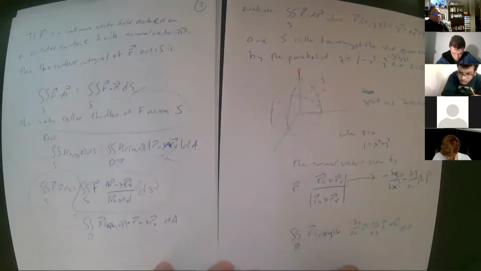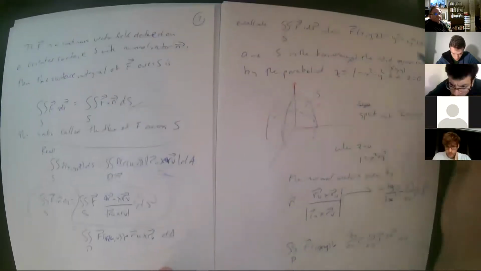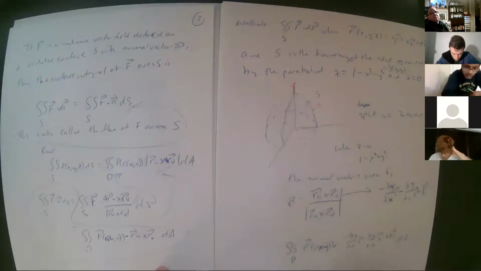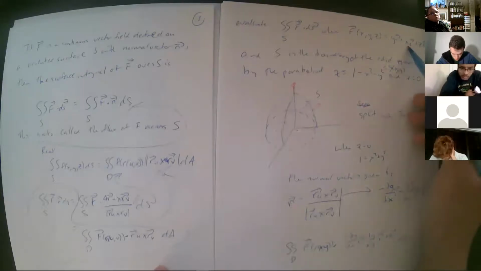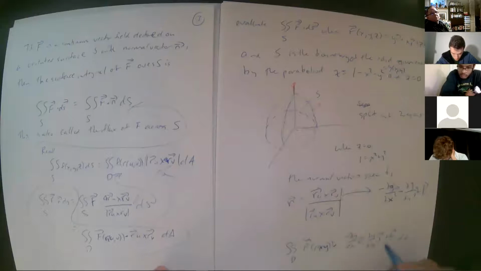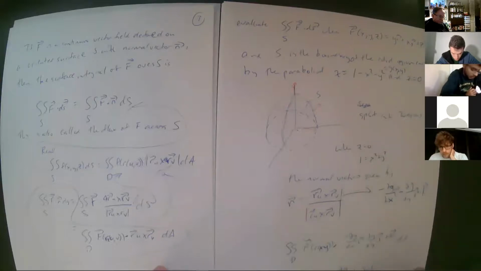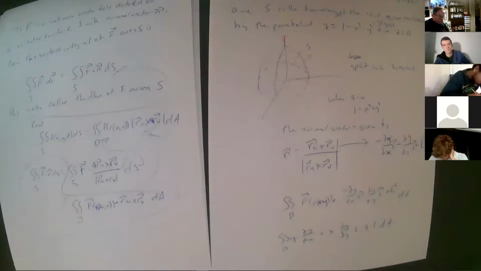So we end up getting up here the i component of f, y, times dg dx plus the j component of f, x, times dg dy plus the k component of f, z, times 1. Okay? Any questions how we got here?